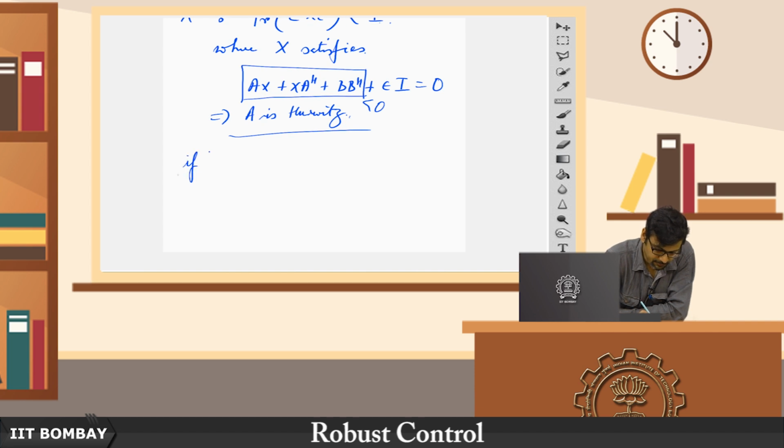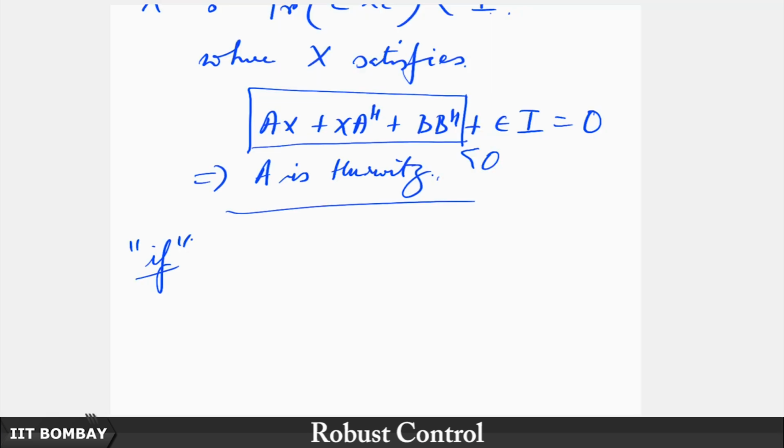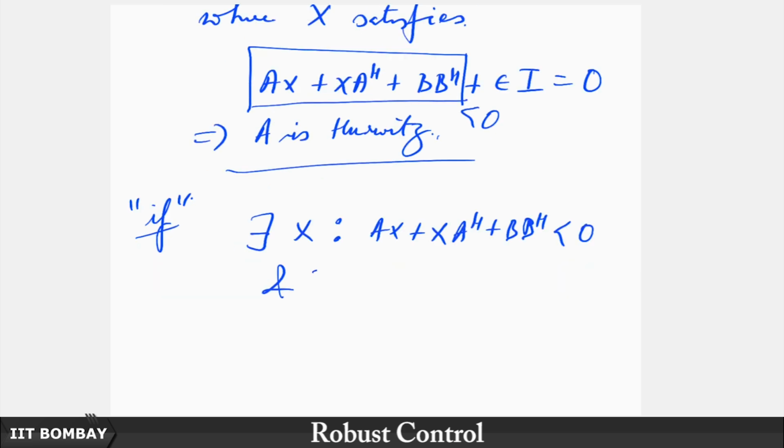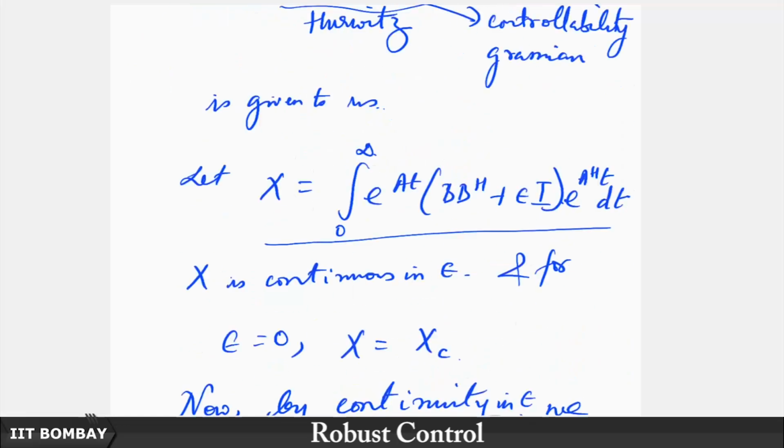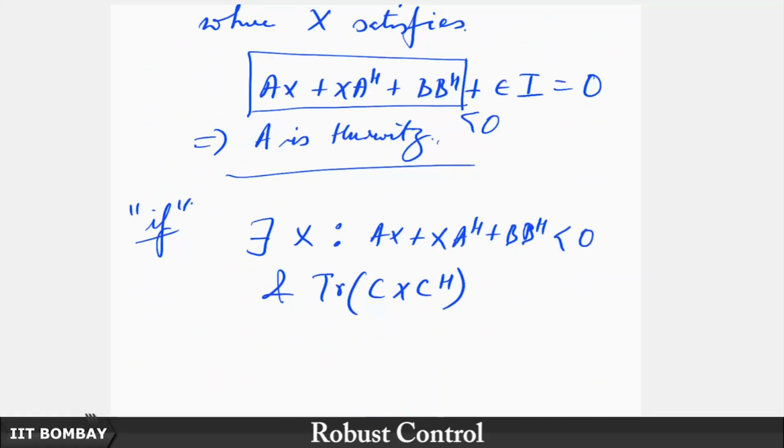Now, we go to the if part, the necessary part of this proof. So, what is given to us? There exists X such that AX plus X A Hermitian plus B B Hermitian is less than 0, and that the trace of C X C Hermitian, which is what we have claimed as part of the second problem, is also less than 1.